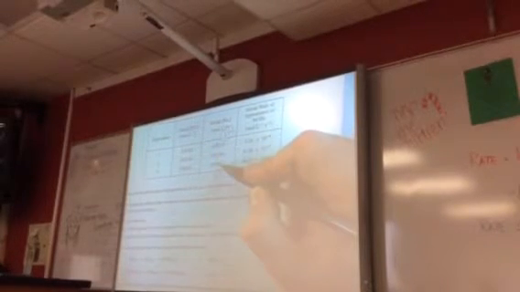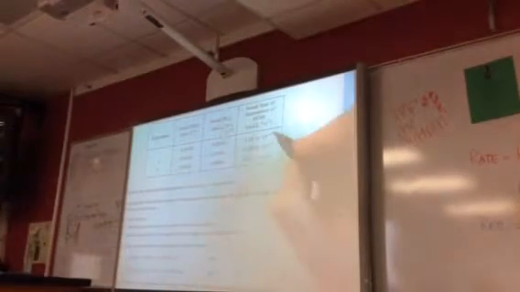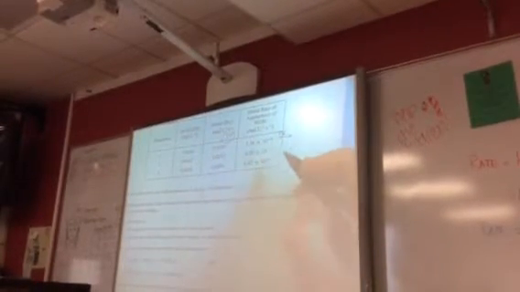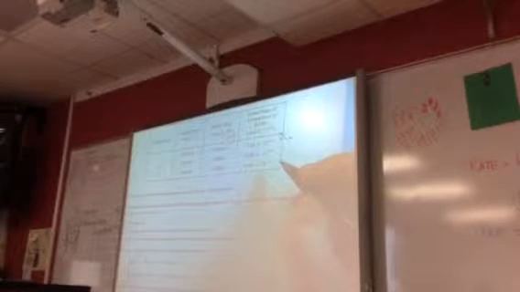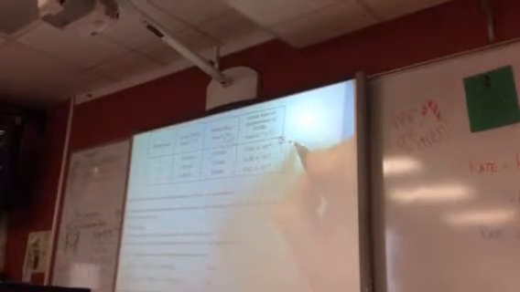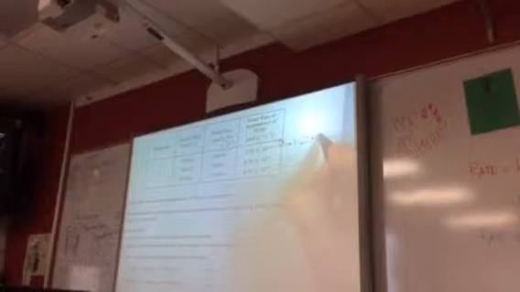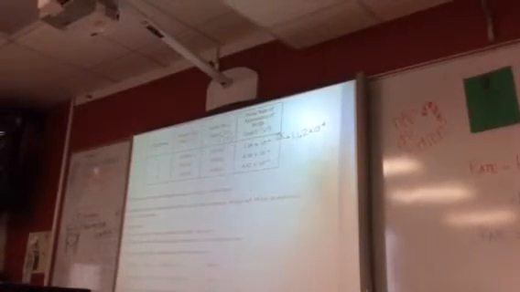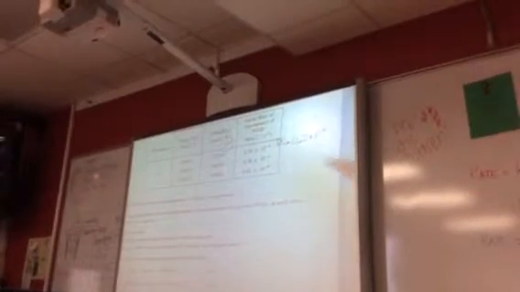So when the Br2 gets cut in half, what do you expect to happen to the rate? It's going to get cut in half. What's half of 3.24? 1.62. Everybody okay with that? So the influence of the Br2 being first order would cause that rate to go to that.